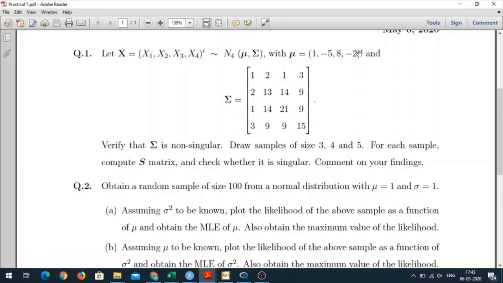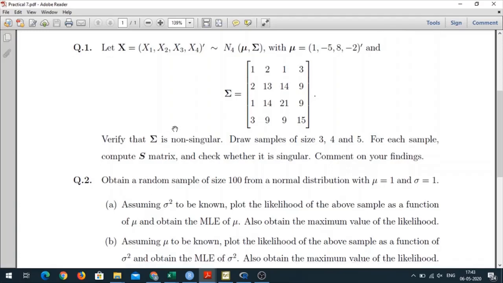Okay, so you know the mean, so around this mean just roughly take any 3 observations. If you take any 3 observations and compute sigma from four-variate normal distribution, that sigma would turn out to be singular. Sigma means sigma hat. So in fact your CSSP matrix itself would turn out to be singular. So try to verify this by doing manual calculations.